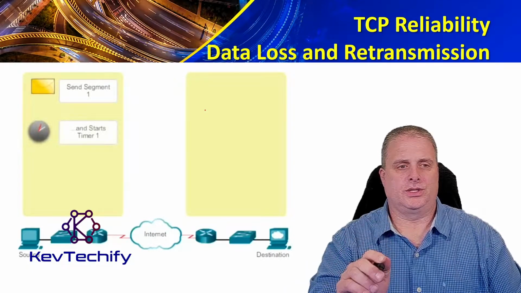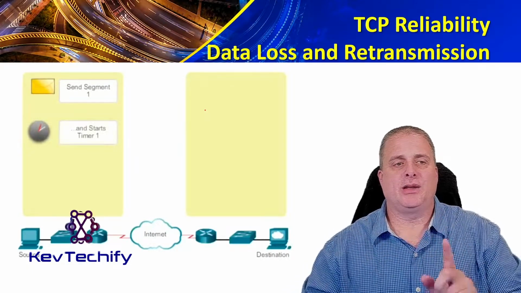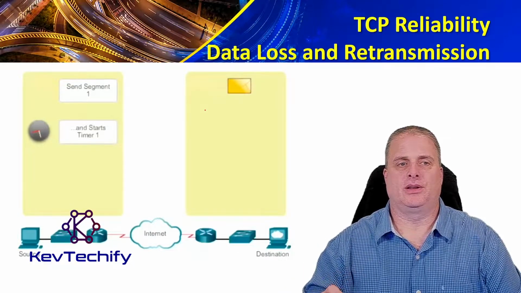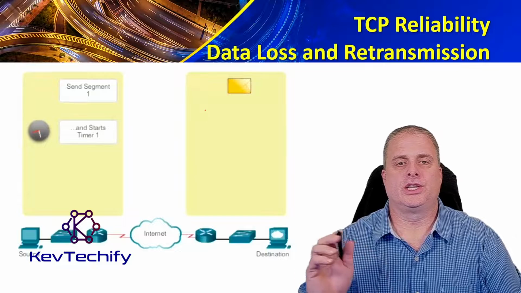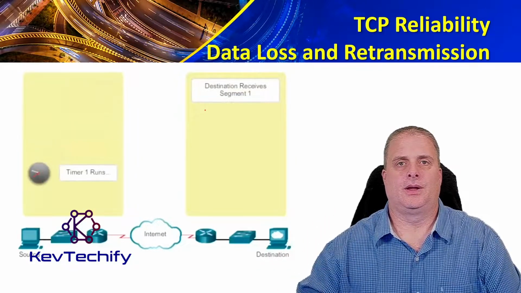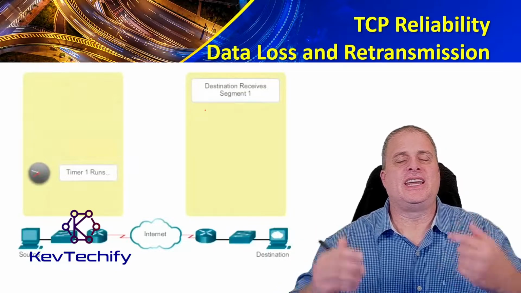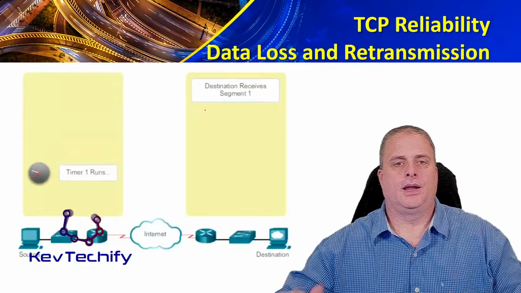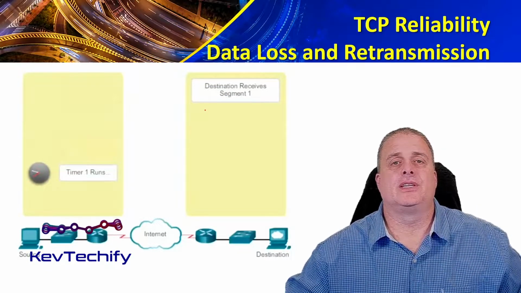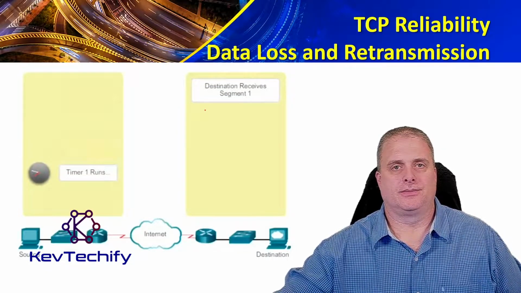The source host here sends segment 1 and starts a timer. That first segment goes from the source to the destination, and the destination receives that segment, and that timer continues to run. Because it received segment 1, it's going to send an acknowledgement.